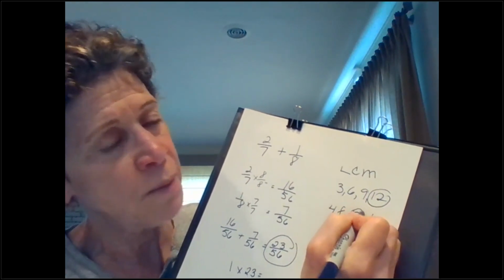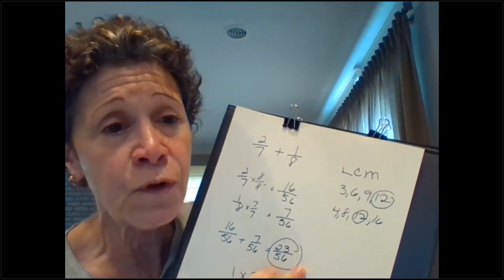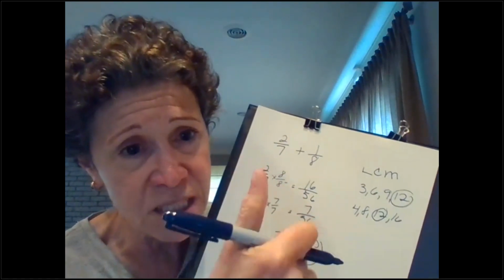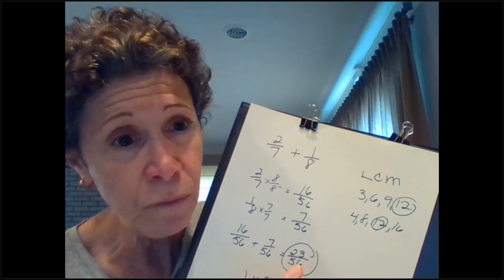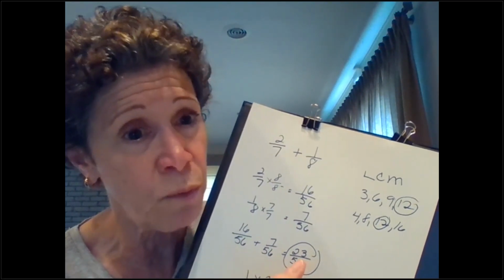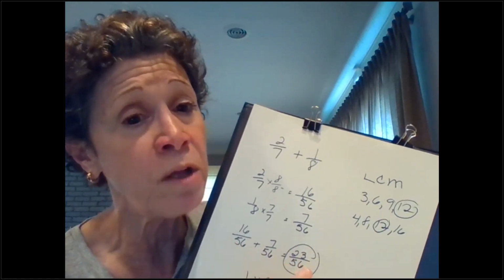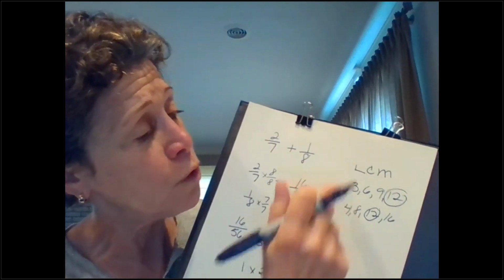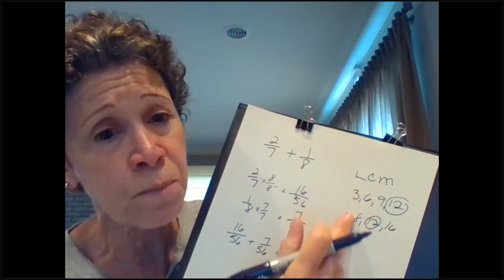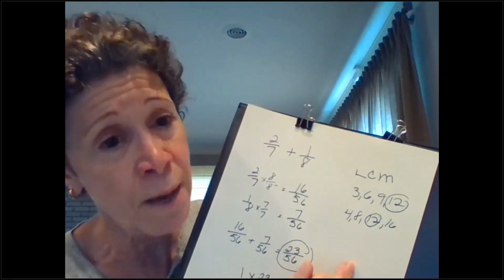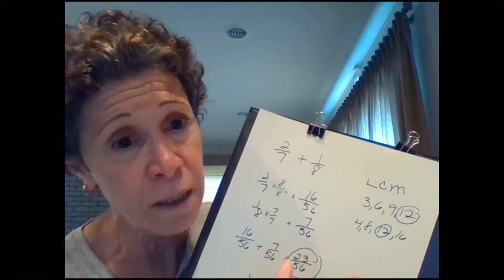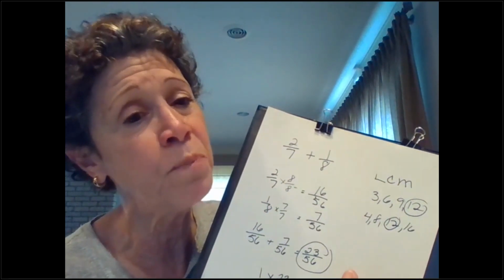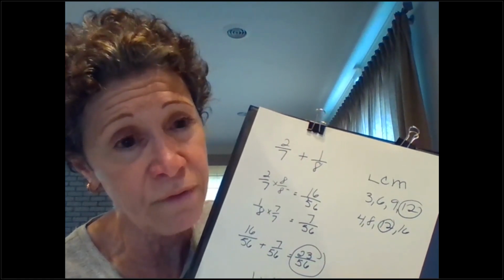That's helpful in raising the fraction for a new denominator. Or you could always just multiply the two denominators together, and you will have a common denominator. Sometimes it'll end up with bigger numbers than you needed.